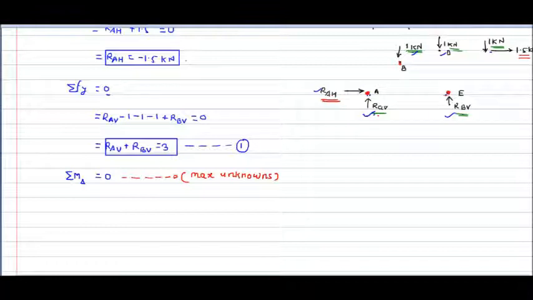But out of that, this RAH, if you have calculated it, now once again there's only one unknown, and at point E also there's only one unknown. It means any point we can select now, because whatever options are available with us, the maximum unknowns are only single, or one unknown is there.